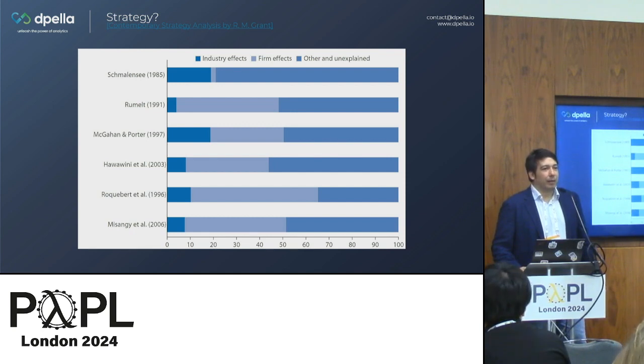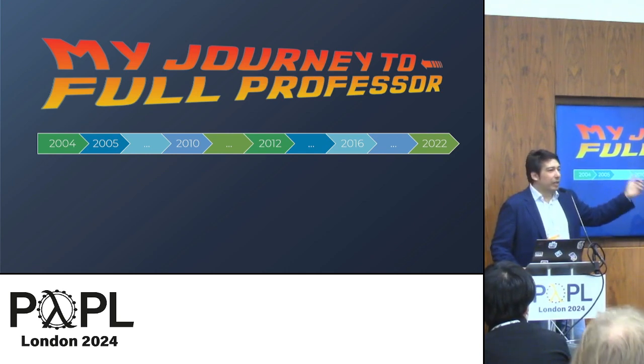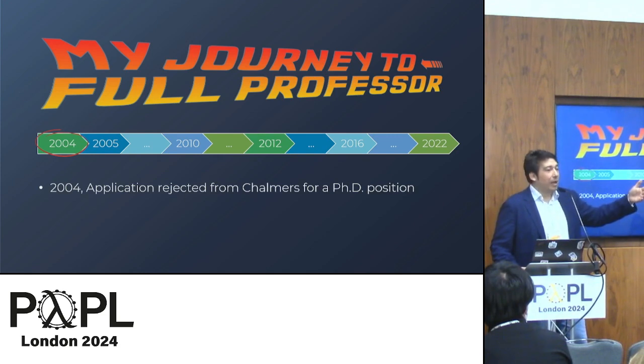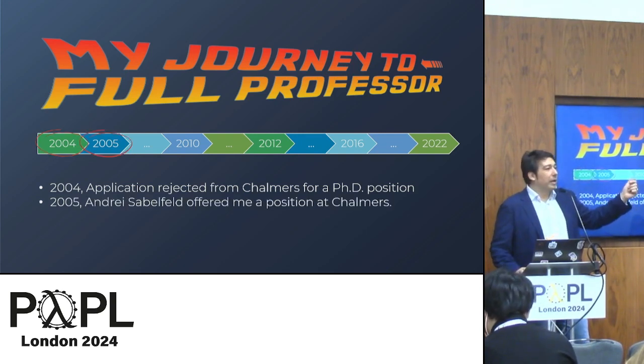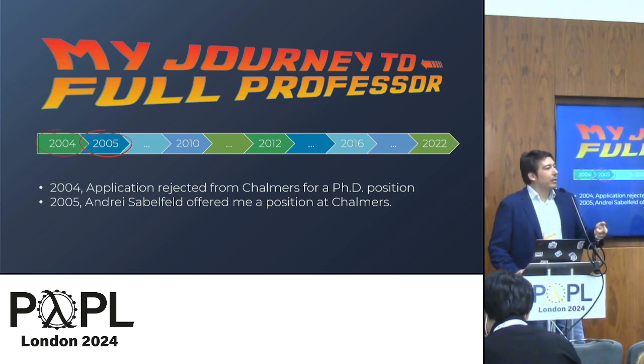This cannot be. And then I started reflecting about how I became a professor, right? My strategy was I want to go to Chalmers. I applied, I got rejected, so I didn't get the chance. Then in 2005, I met who was my advisor, Andrei Sabelfeld, at an event, and he said, I'm looking for a PhD student. The reason he was looking was because two weeks earlier, the one that he hired decided not to come.